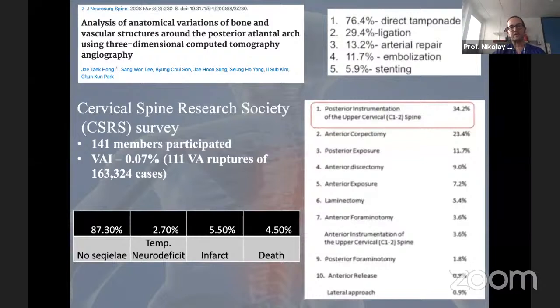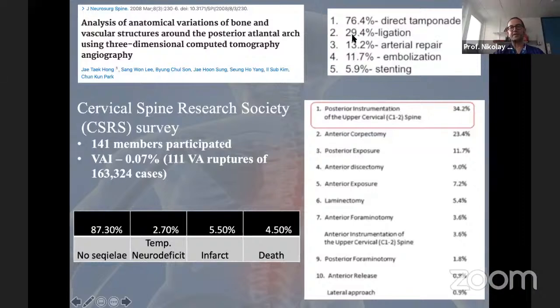So just to give you a nice paper that I have found, what's happening when you rupture the artery. This is a paper that was published by the Cervical Spine Research Society. 141 members managed to get combined 163,324 cases, and out of these cases, they had 111 vertebral artery ruptures.